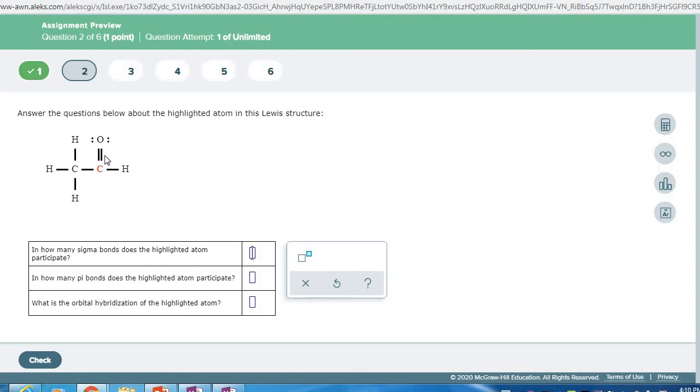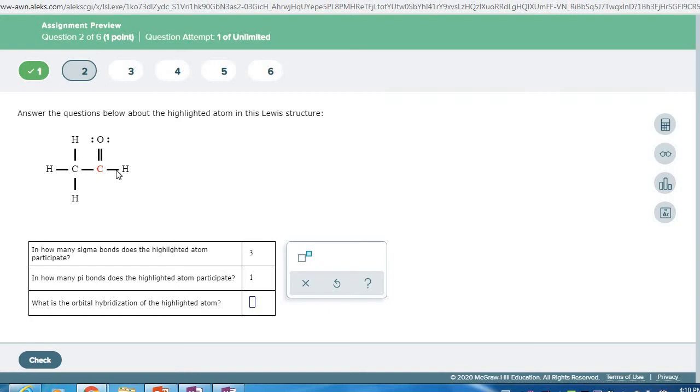There are 3 sigma bonds associated with this particular carbon. How many pi bonds? There are no pi bonds in these single bonds surrounding the carbon, but in the double bond we have 1 pi bond that the atom participates in. So in this case there's going to be 1 pi bond.